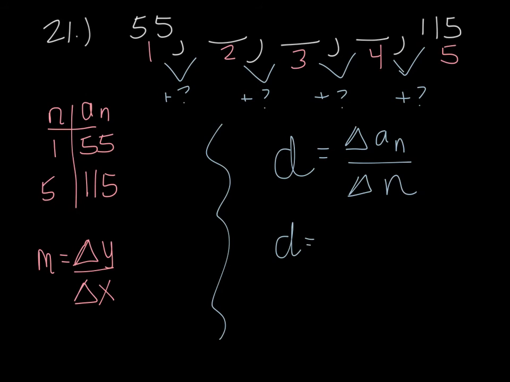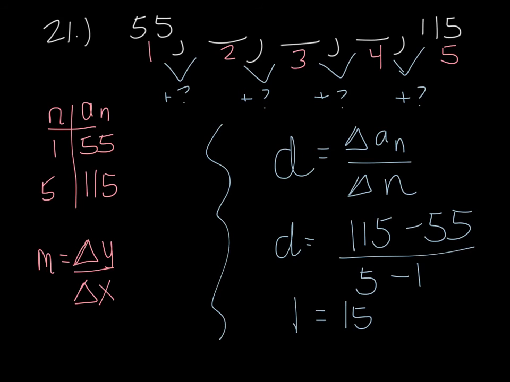So in other words, subtract the two sequence values and divide it by their position in the sequence. So 115 minus 55 divided by 5 minus 1 gives me a rate of change of 15. Or, sorry, not a rate of change, a common difference of 15. So I added 15 each time in this sequence. So I now know that my common difference was 15.